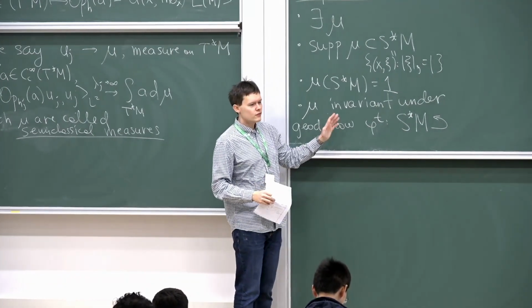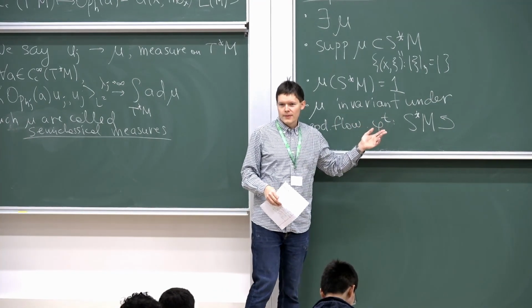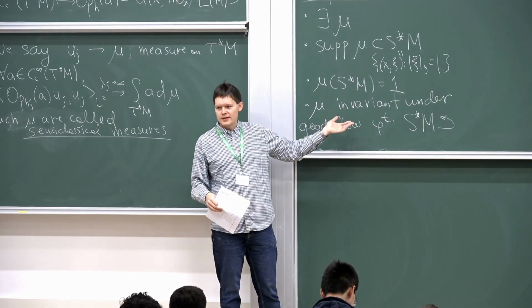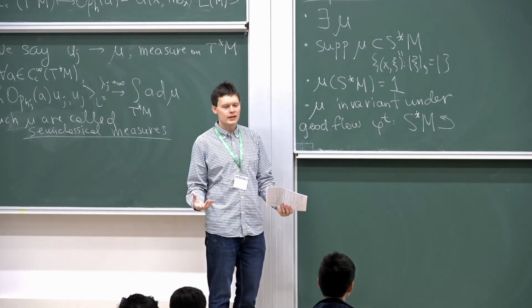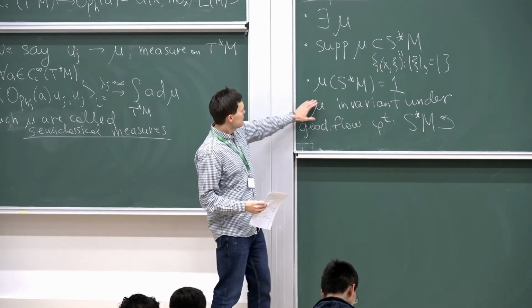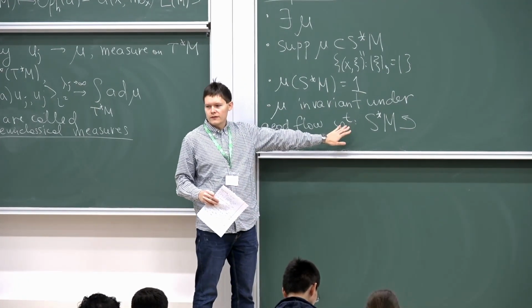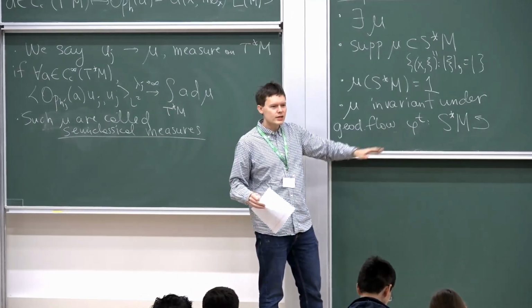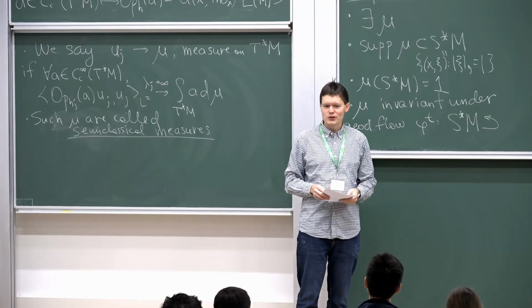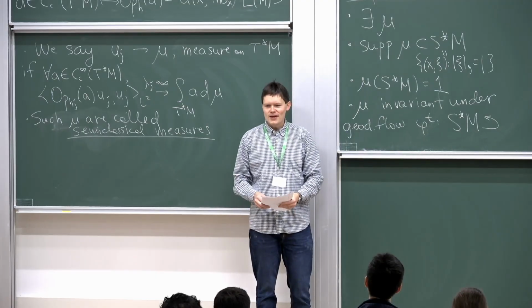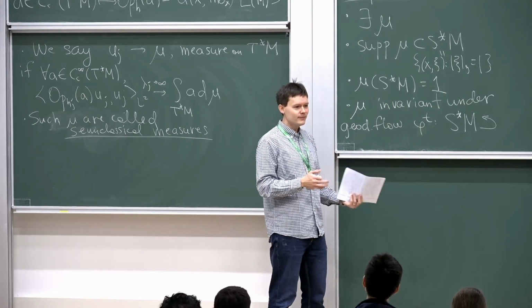So here you have this first glimpse of what we sometimes call a classical-quantum correspondence, because we have a quantum object, which is a semi-classical measure. It tells me how a pure quantum state would localize at high energy. And it is related to a classical object, which is the geodesic flow. So what's the geodesic flow? It's the straight line flow. Since I'm at the Newton Institute here, it's Newton's first law if you live on a Riemannian manifold: you're just moving in a straight line.